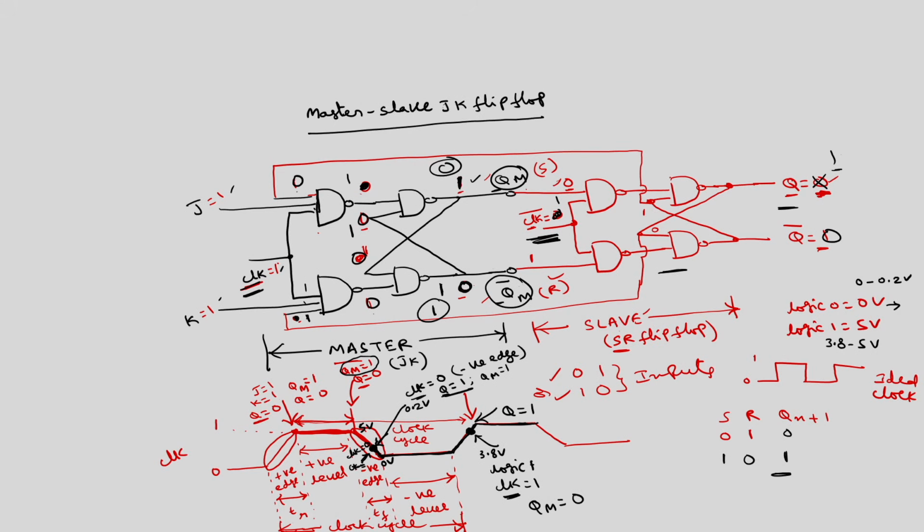So, I have discussed one complete clock cycle, starting from this point to this point. Here we assumed that Q equals 0, whereas here Q becomes 1, and how many times has this Q changed? Only one time, and the exact position where Q has changed lies on the negative edge.